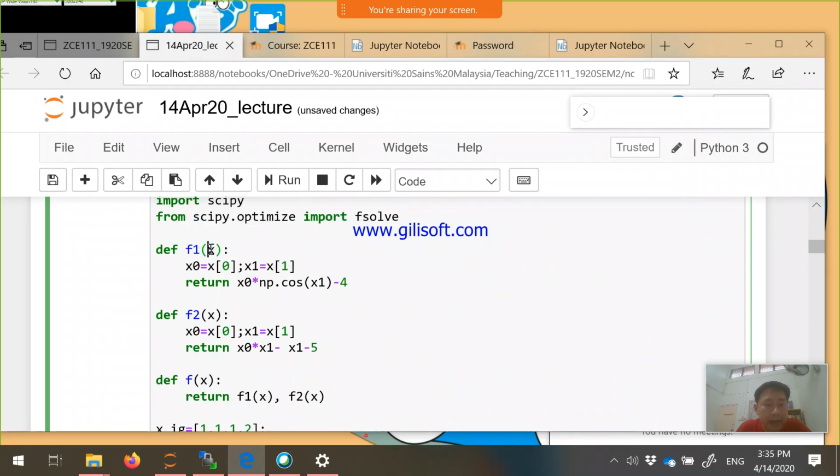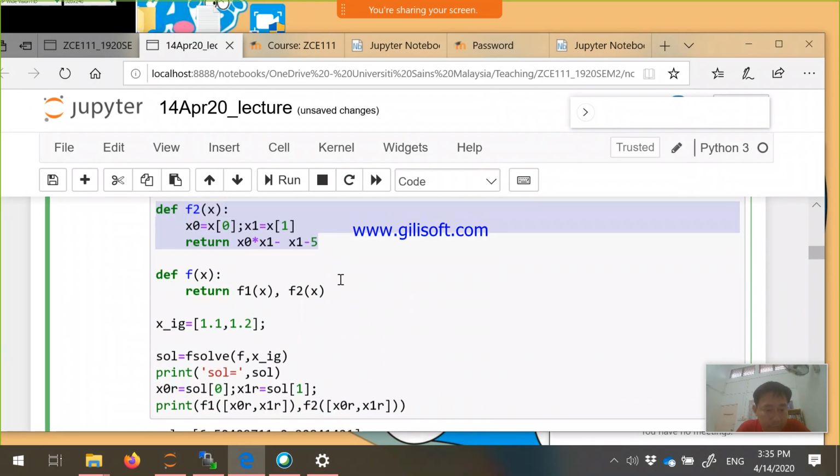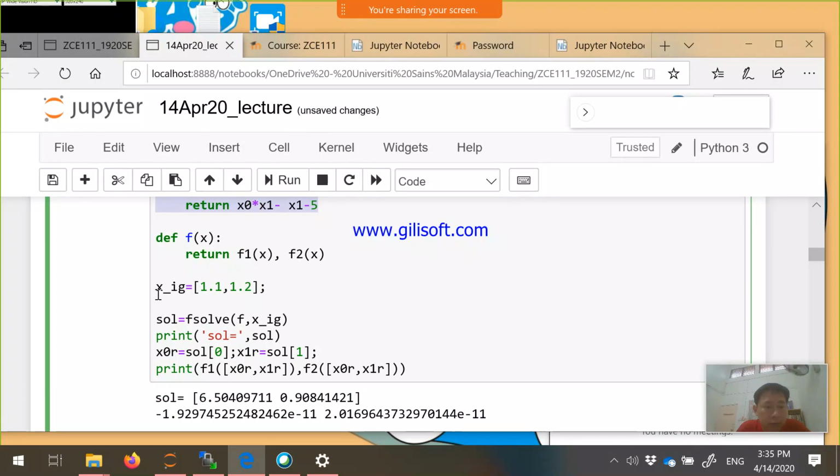So once this x is passed into this function f1, then you have to extract the first element and the second element from the x array. Right? Then this is the definition of f1 based on x0 and x1, and so is the way how you define f2 as well. So our purpose is to provide an initial guess to the x0 and x1 so that this f could be minimized to 0.